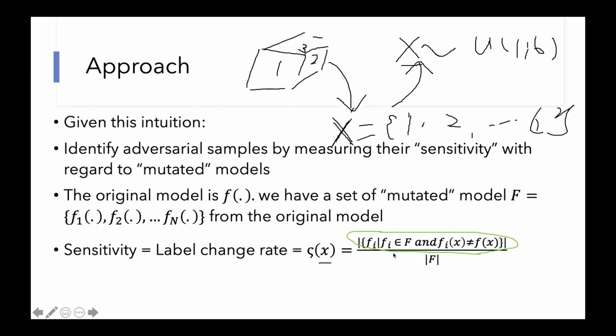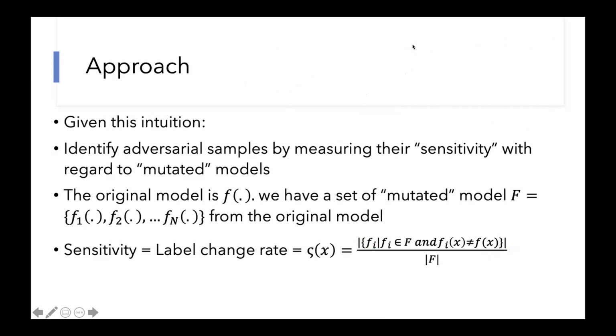Given adversary samples, what is the rate of models that will have different predictions? I'm not sure I have made myself clear enough, but I think we need to go on.